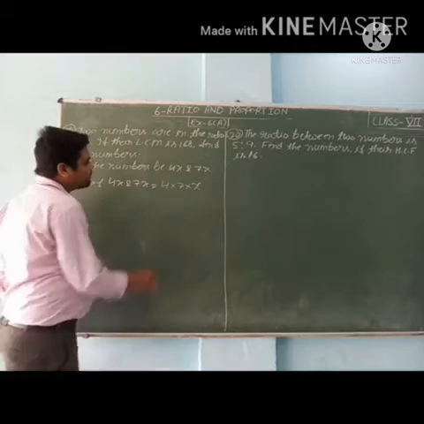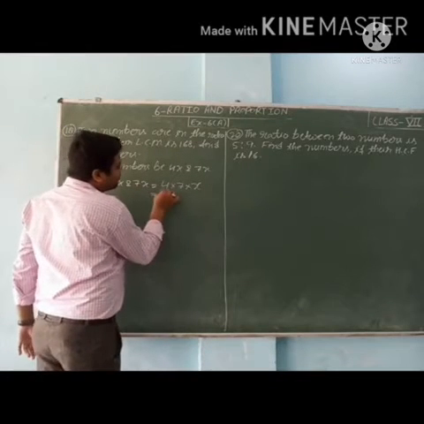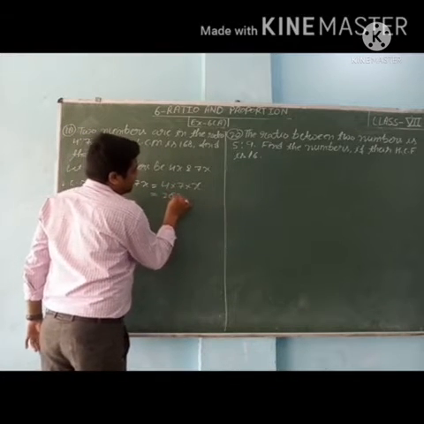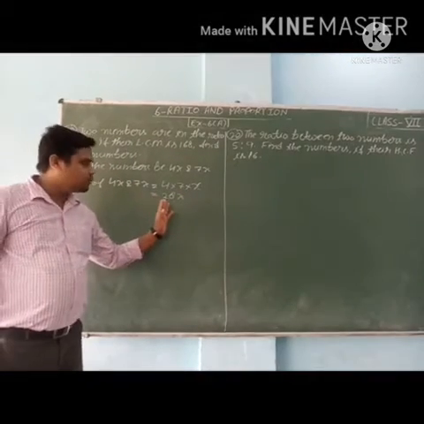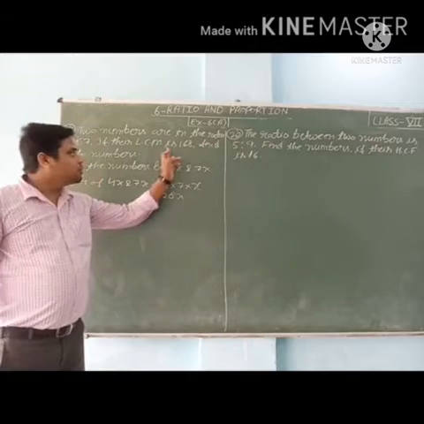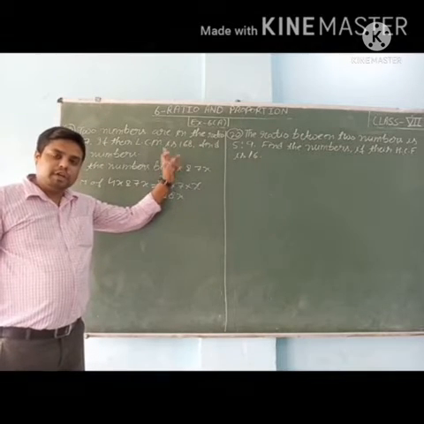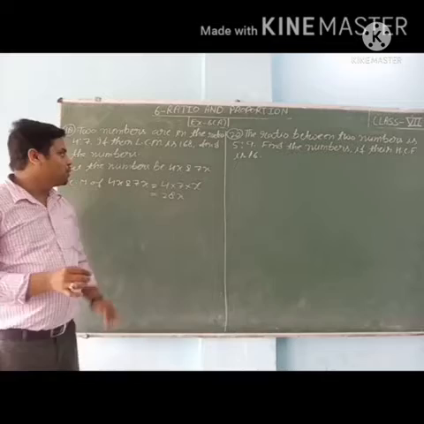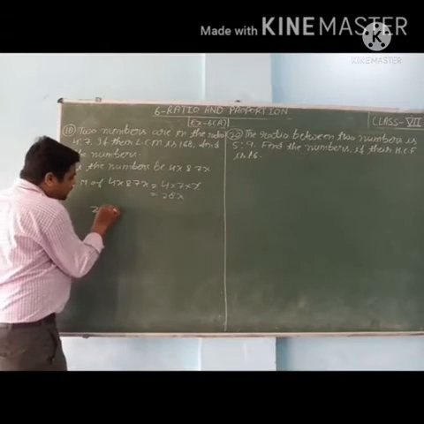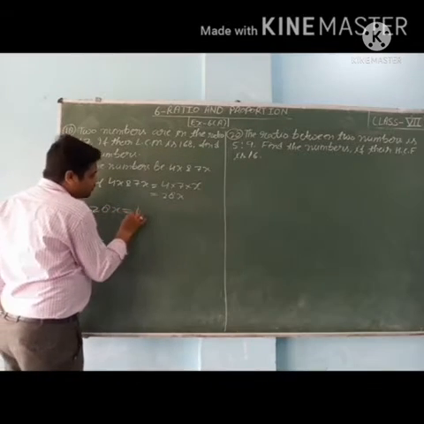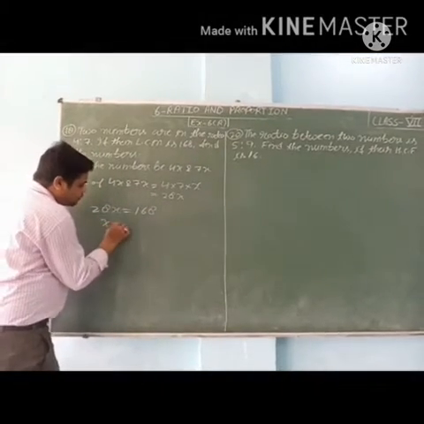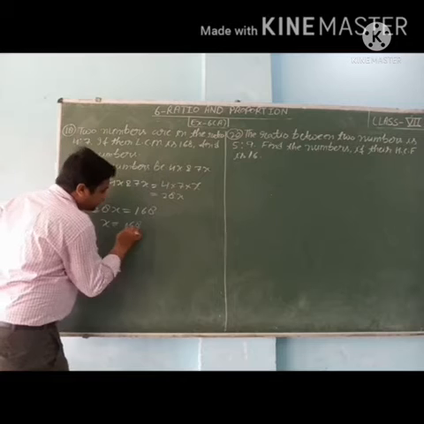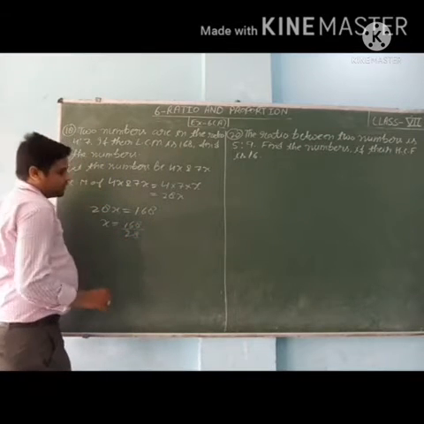So this LCM will come 4 7 are 28x. So LCM of 4x and 7x is coming 28x. And in the question also it is given 168. We can make both equal. So 28x is equal to 168. x is equal to 168 upon 28.